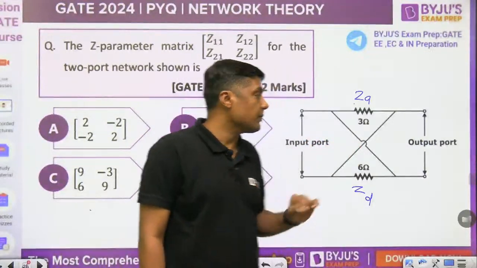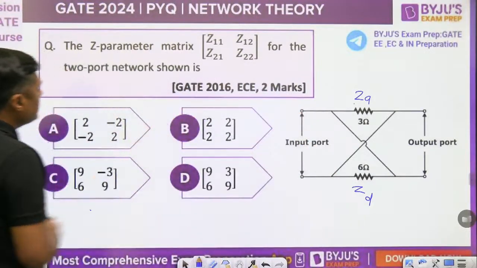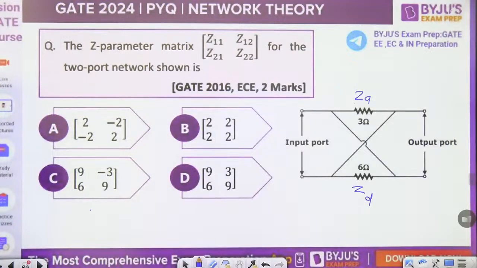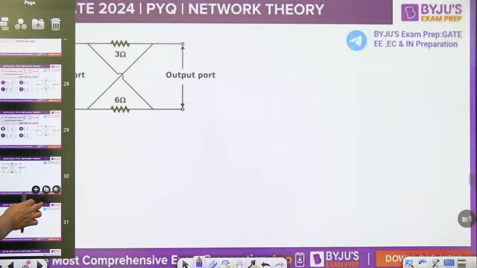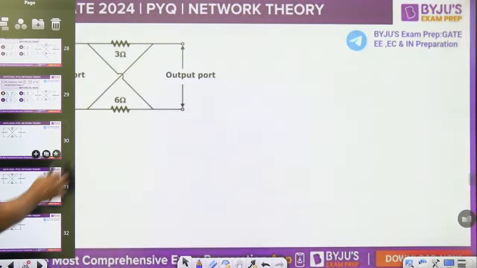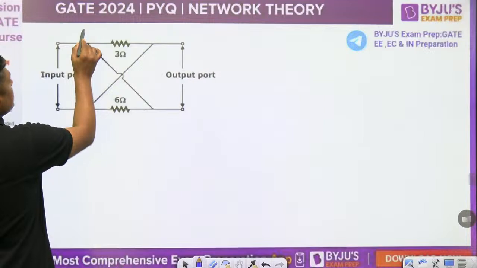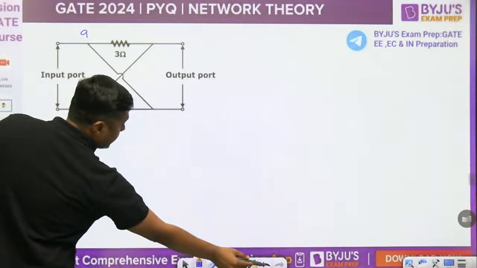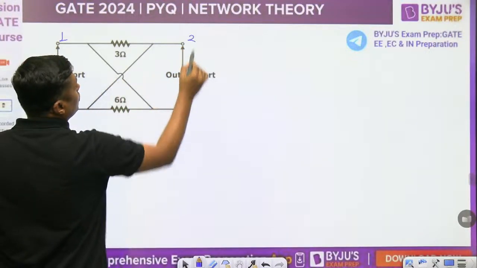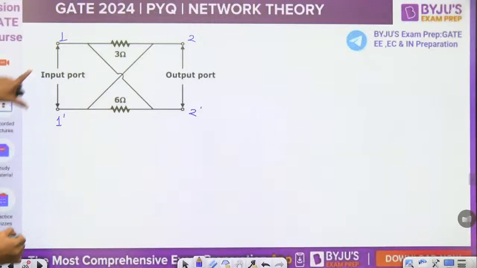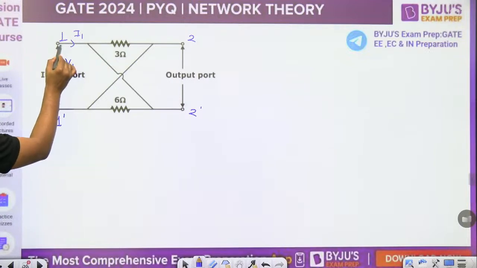Again from the 2-port network. Now, watch this diagram carefully. How can we find the Z parameter? Remember, first of all, watch this diagram. This is port 1 and port 2, that is the output port. Now we are giving the input, that is V1. Here the current is I1 and the voltage is V1.